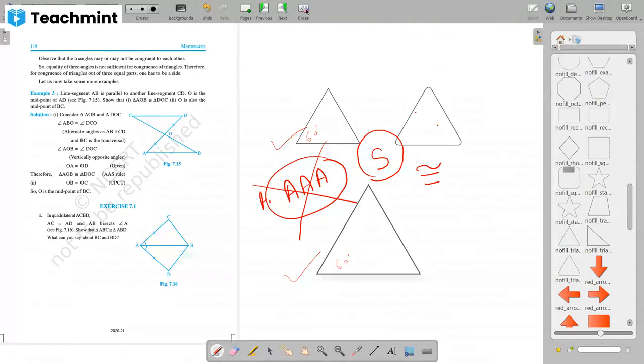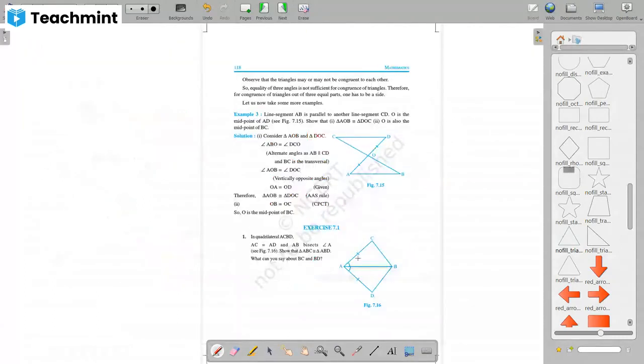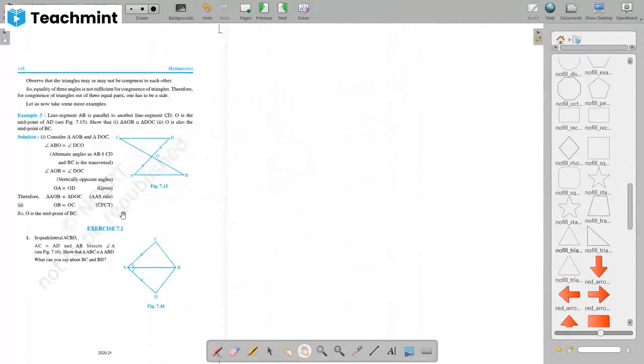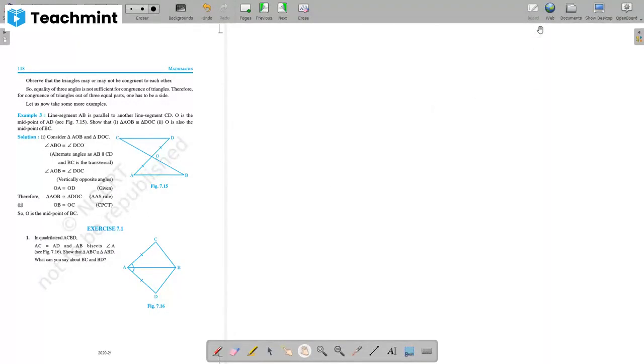So the angle criterion does not exist. Can you give the reason why the angle criterion does not exist? Because we can draw two triangles with all three angles equal, but their sides may be different.